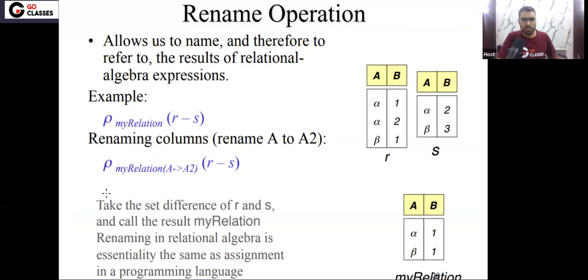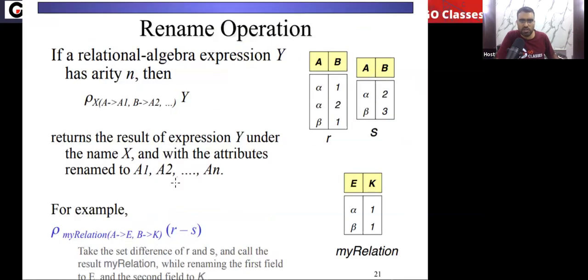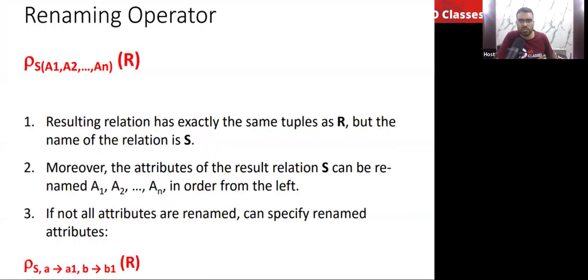If I only want to rename A, I can do it like this, changing A to A2. For example, changing A to E, changing B to K. Like this, you can do the renaming. The renaming concept is actually very simple.